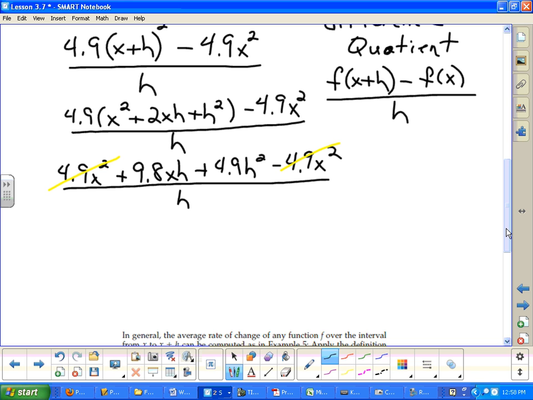So we cancel out the h's, and we have 9.8x plus 4.9h.